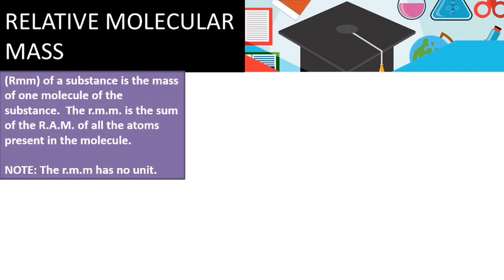Relative molecular mass. So what is relative molecular mass? Relative molecular mass, also called the RMM of a substance, is the mass of one molecule of the substance. The relative molecular mass is the sum of the relative atomic masses of all the atoms present in the molecule.